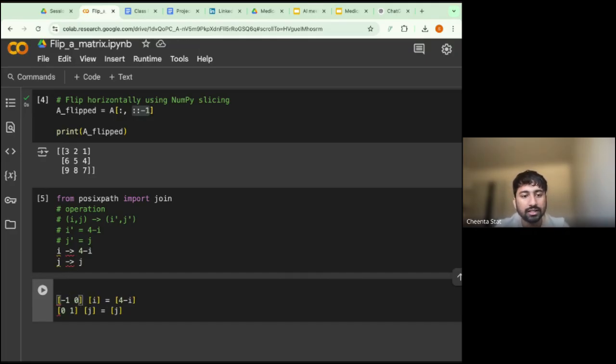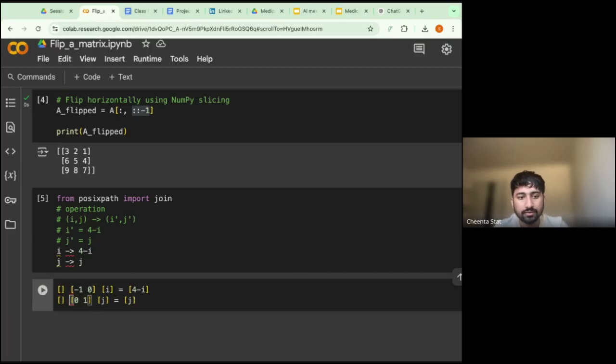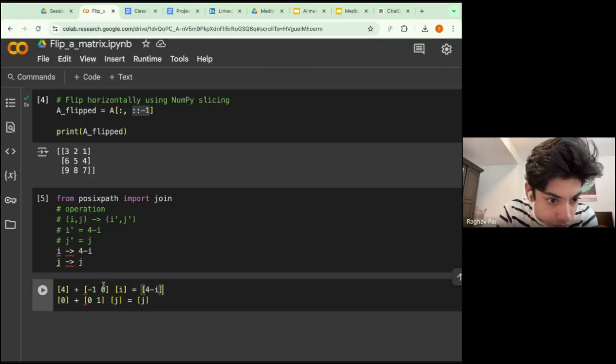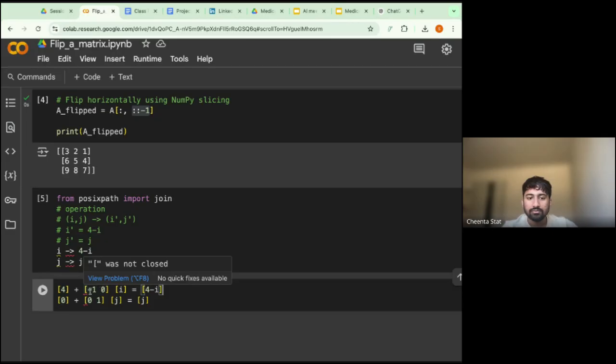Sorry, this is the reason I don't know how to write here, but let's see if I can try. So it will be 4 added and here 0 is added. Now it makes sense. 4 plus, this is a matrix multiplication.